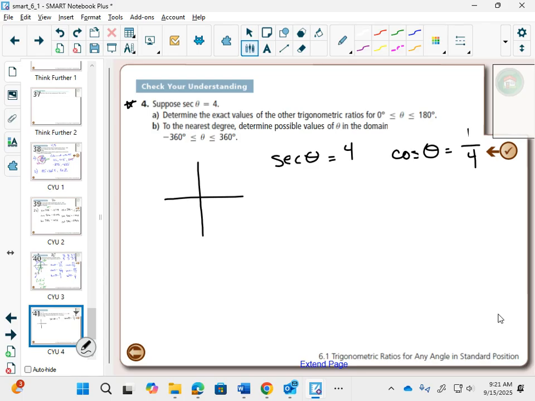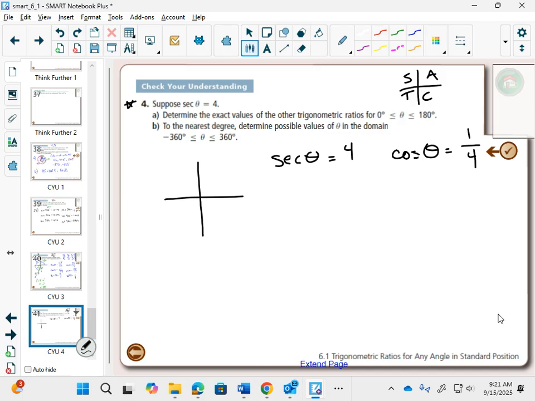Next, if I want to draw a picture of this, I have to decide where this could happen. I have 4 quadrants. I could have an angle in standard position in any of those 4 quadrants. How does the question tell me which quadrant it's in? Well, according to the cast rule, the cast rule is with sine, cos, and tangent.